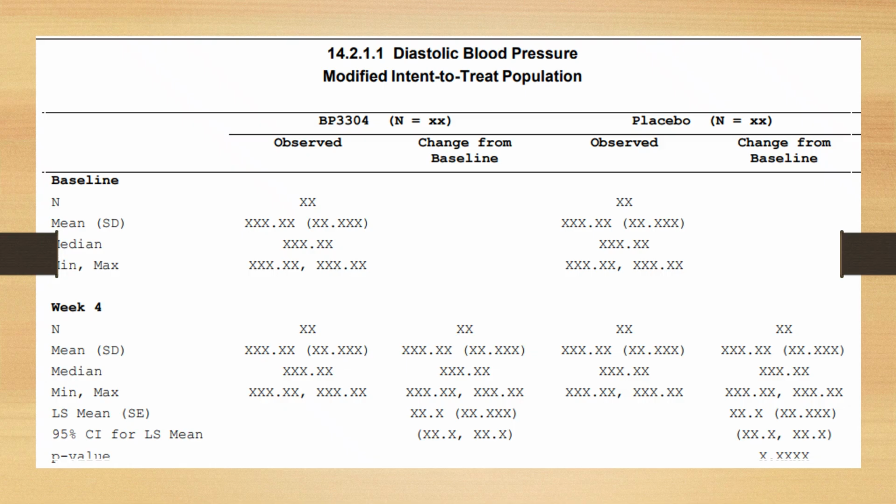As you can see in this mock shell, it is nowhere mentioned that it is specific to any particular PARAMCD, although the title might say diastolic blood pressure, but the same can be achieved for all of the PARAMCDs in your ADVS, ADLB, ADEG, any BDS datasets.